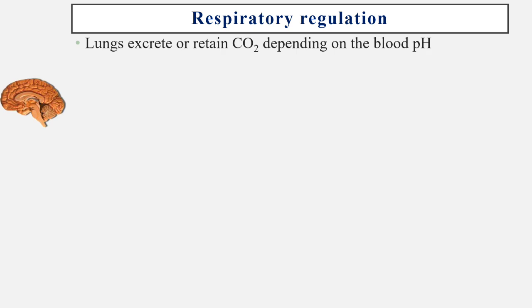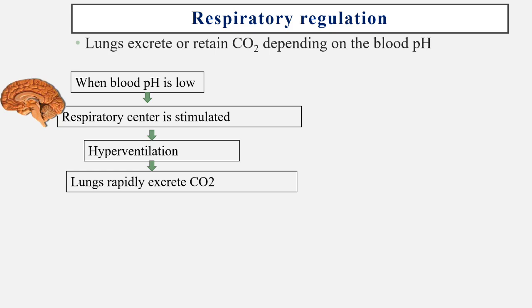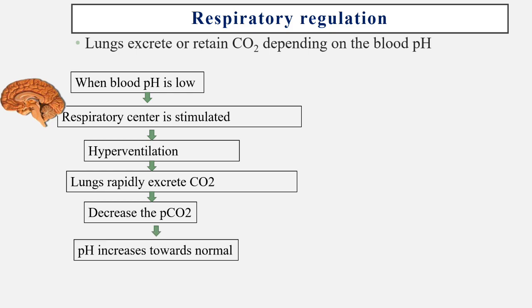Next, respiratory regulation. Lungs excrete or retain carbon dioxide depending on the blood pH. When blood pH is low, the respiratory center is stimulated, causing hyperventilation. The lungs rapidly excrete carbon dioxide and this decreases the partial pressure of carbon dioxide. This leads to the pH increasing towards normal.